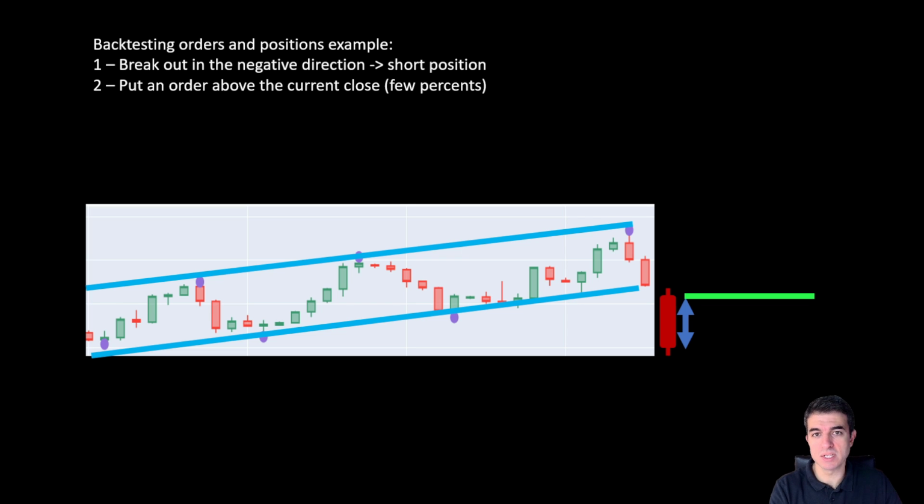Remember, this is just an order, so it's not an open position yet. This way, if the price retraces back to the order level, it will trigger our position on the market. And this is one of the main ideas I need to verify and show you in this video. The reason we do this is because we expect the price to retrace after a sudden breakout before taking its normal trend direction.